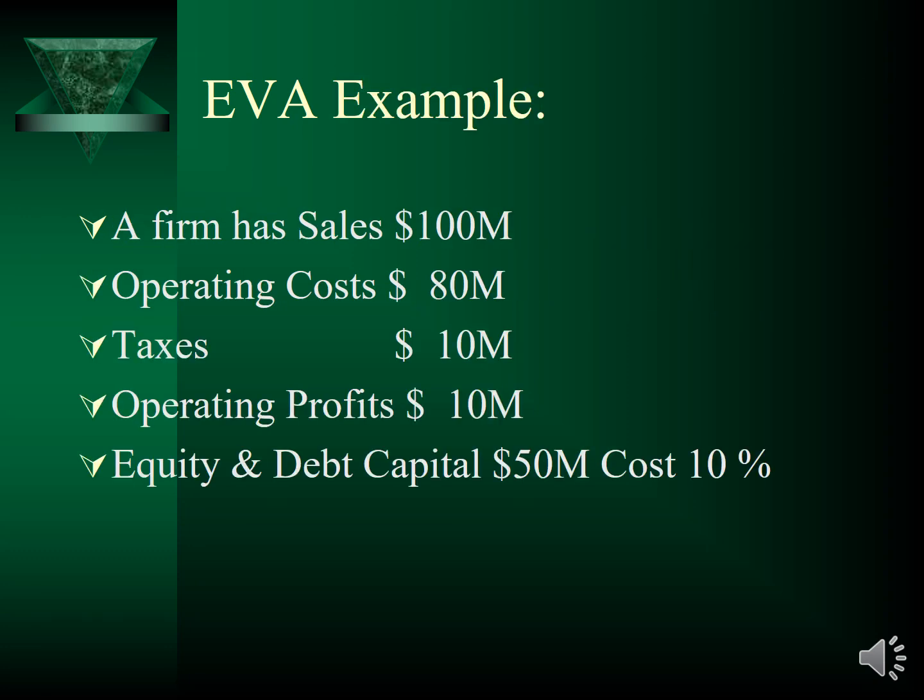So this is an example: if the sales are $100 million, the operating cost is $80 million, the taxes $10 million, so the operating profit is $10 million, and the cost of equity is at 10%. And we continue this example.